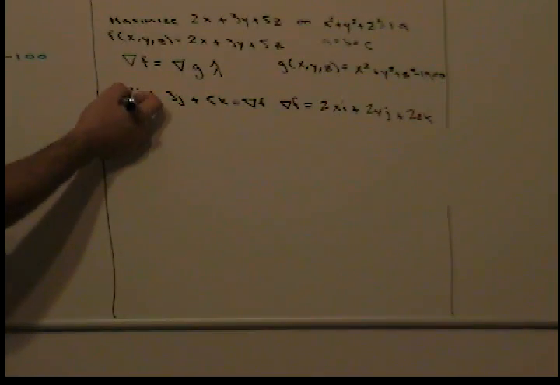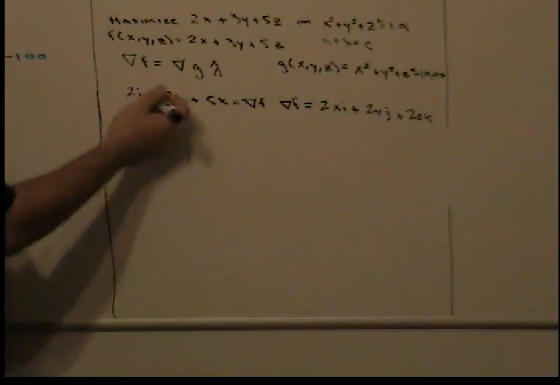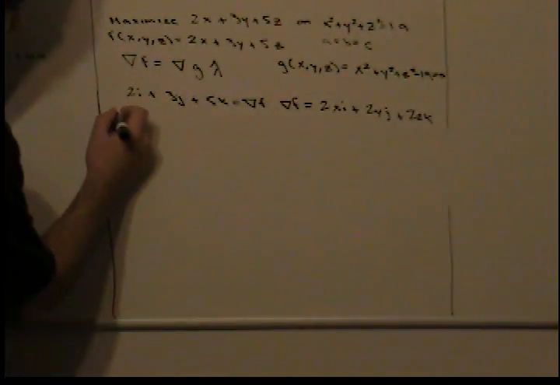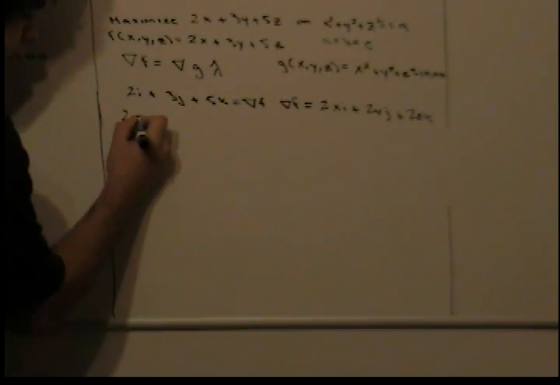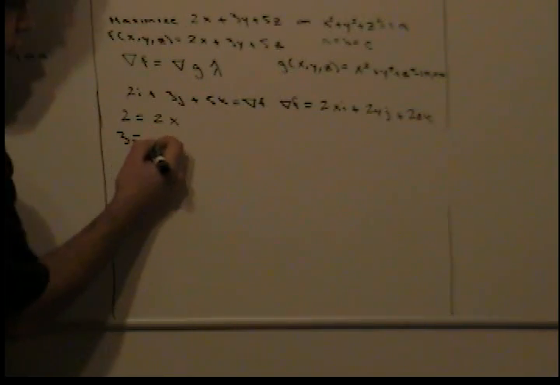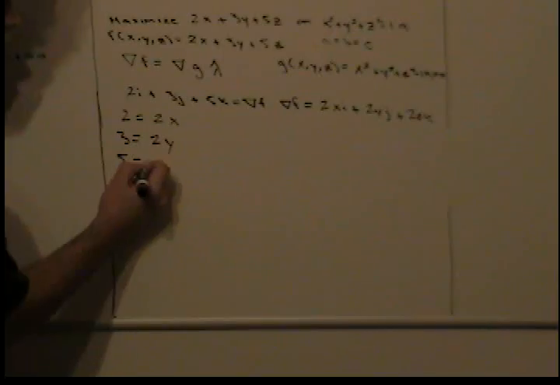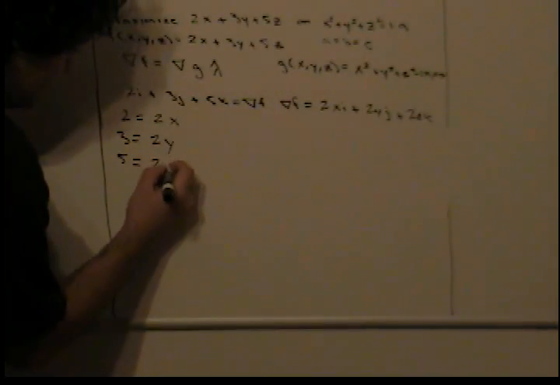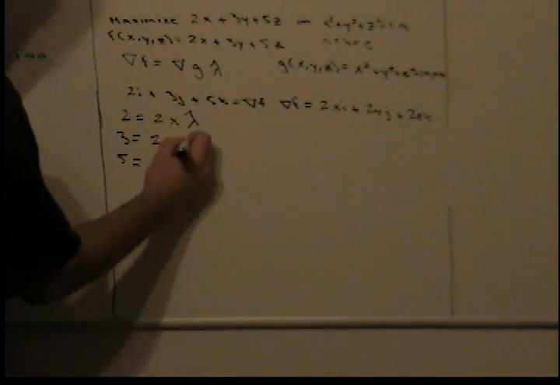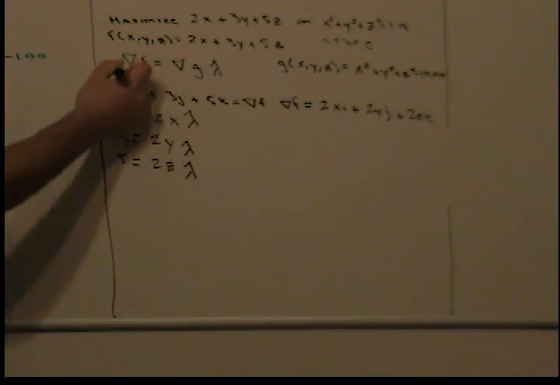This is the x component when you put it in parametric form, and this is the x component here. So we set these two equal, these two equal, and these two equal. So we say 2 equals 2x, 3 equals 2y, and 5 equals 2z. And finally we place a lambda, the Lagrange multiplier, next to our g, according to this equation.